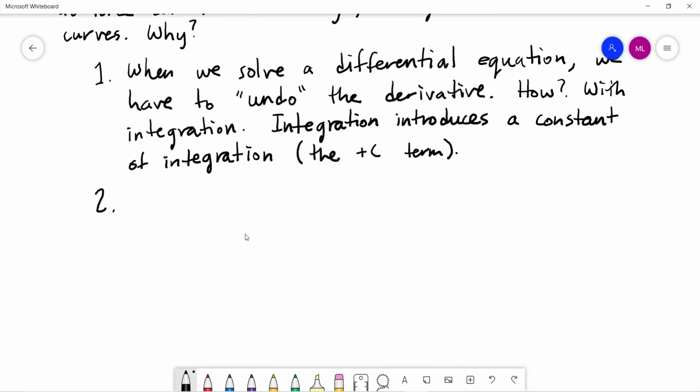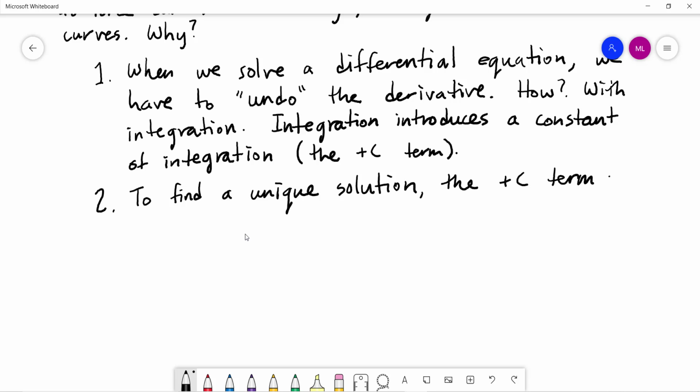So to find a unique solution, the plus c term must be specified. Essentially, we need to pick the value of c, pick an appropriate value.